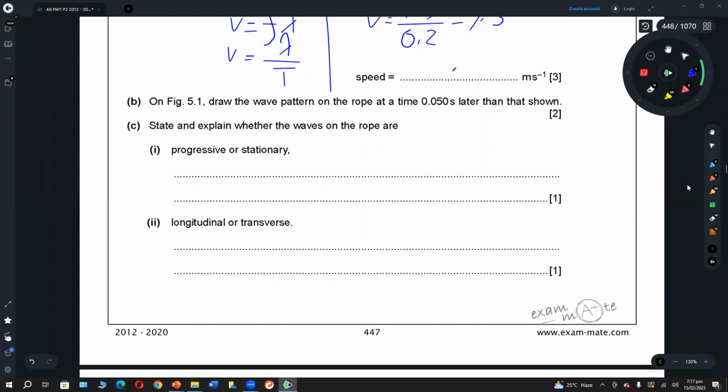Now on figure 5.1, draw the wave pattern on the rope at a time 0.05 second later than that shown. This is a bit tricky part. You have to read it carefully.